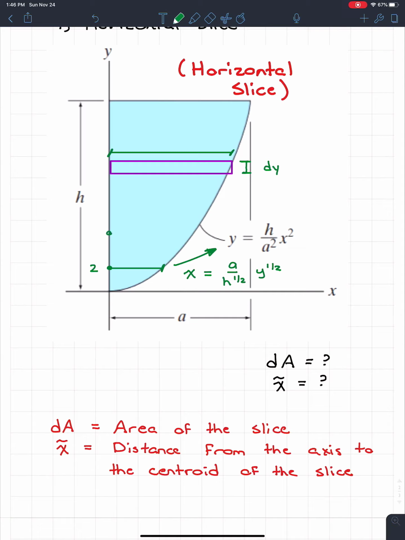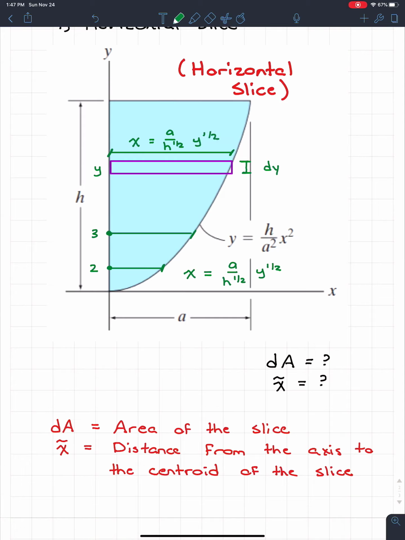If we know that the y value is equal to 3, we can find this distance right here using the exact same formula. x is going to be equal to a divided by h to the 1/2 times y to the 1/2. So if we're going up to this distance right here, and this distance is equal to just y, because it can be anywhere along the slice, we know that this distance right here is going to be equal to x, and we know that x is going to be equal to a over h to the 1/2 times y to the 1/2.